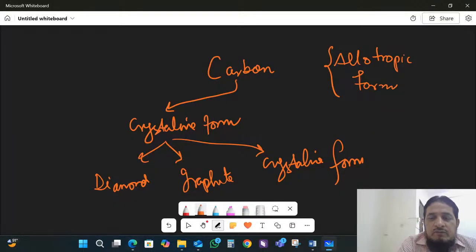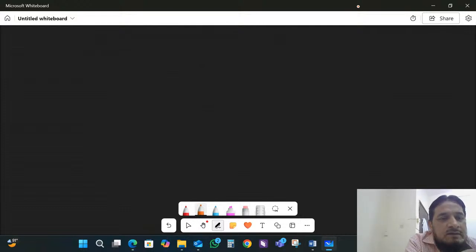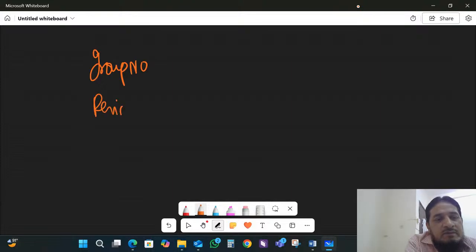There is one more thing we should keep in mind: the group number and the period number, and whether it is a metal atom or a non-metal atom.